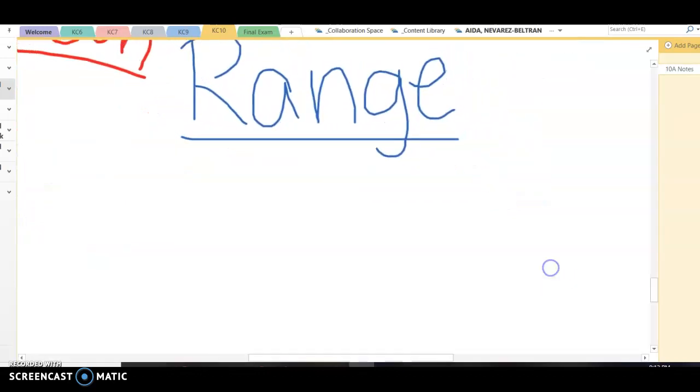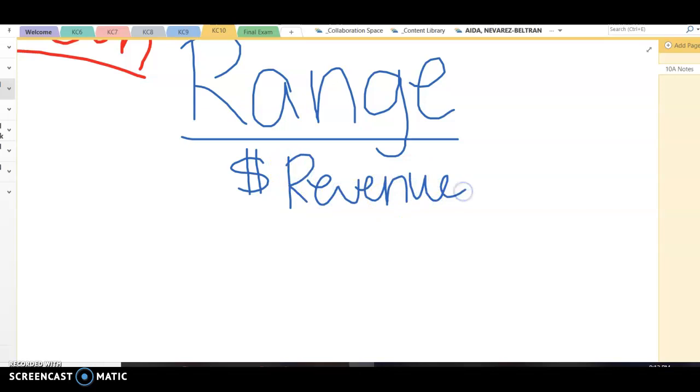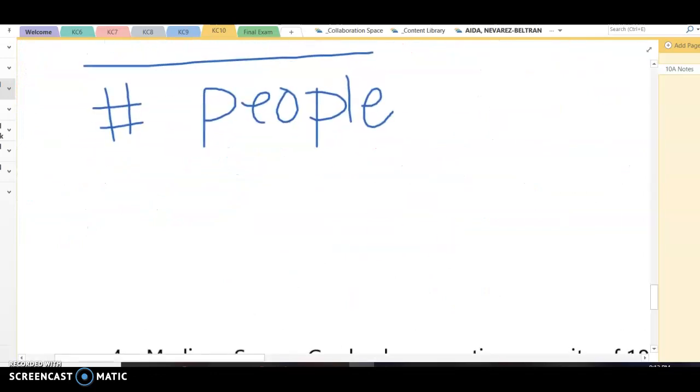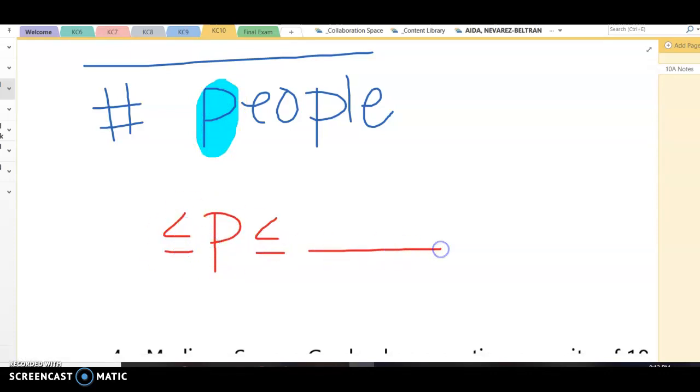So the revenue depends on the number of people that attended. Okay, it told us to use the letter P, so we're going to say P is between what number and what number. So the minimum number of people that can go and the maximum number of people that can go.